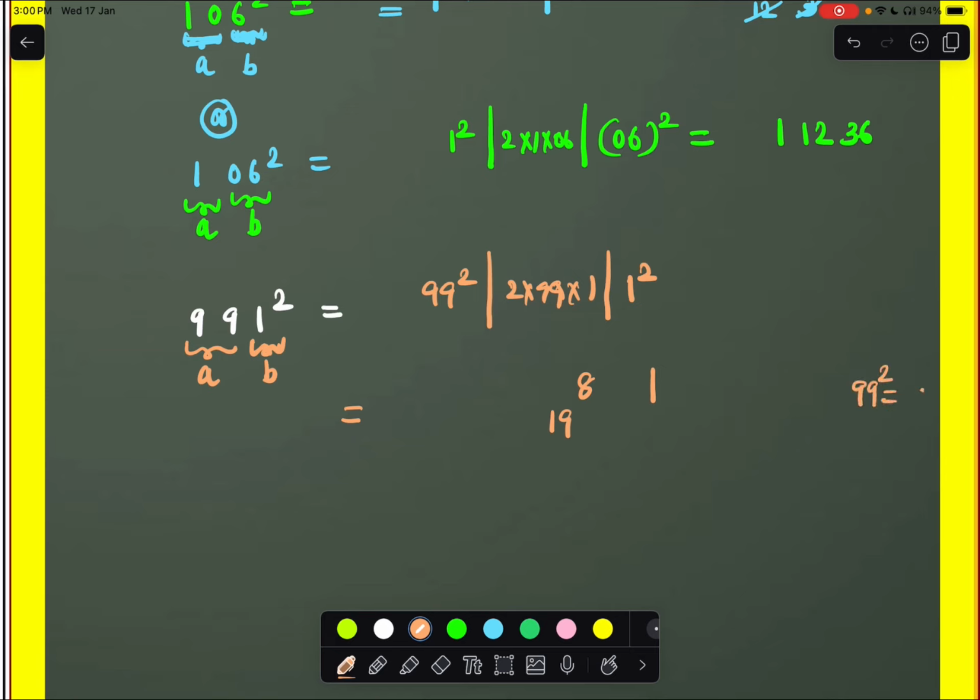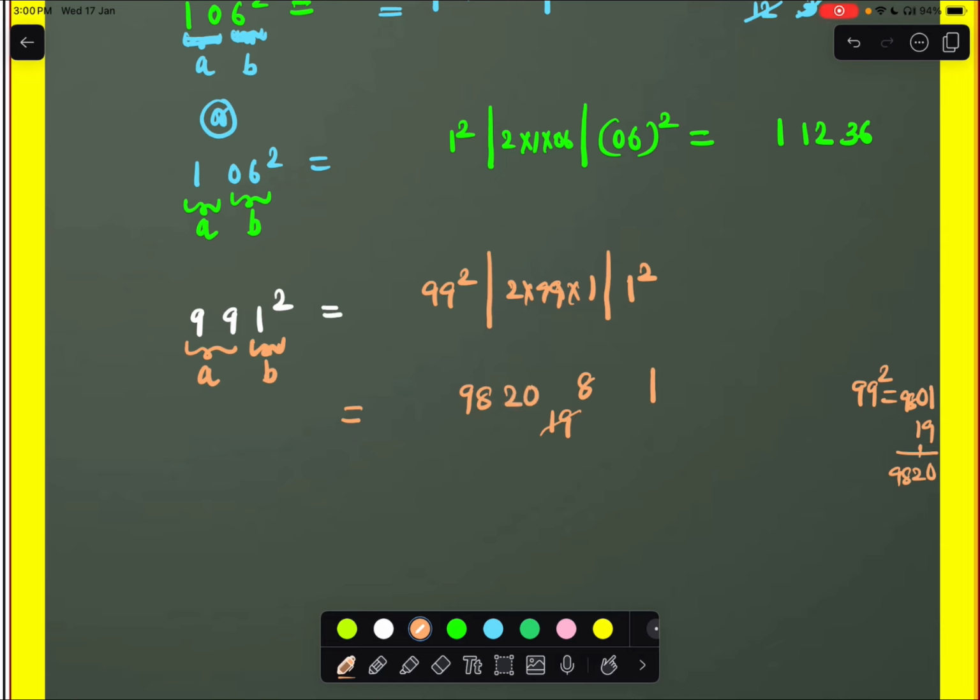We'll get 9801. 9801 plus 19 carry, we add it here. So how much will we get totally? 9820, so 98 and 20 we get.